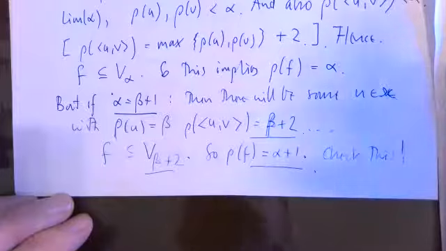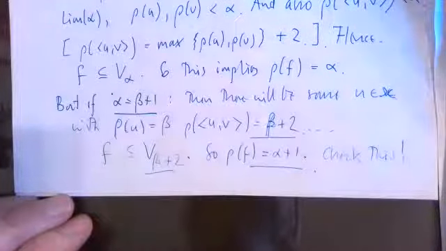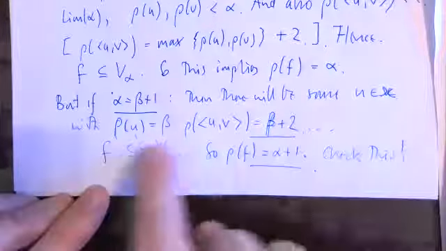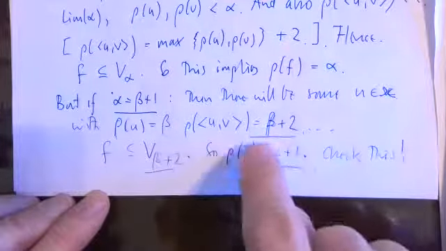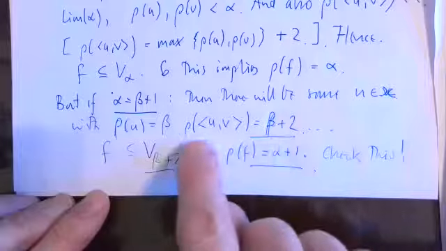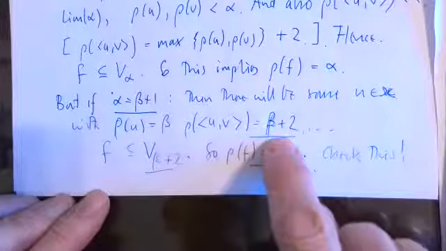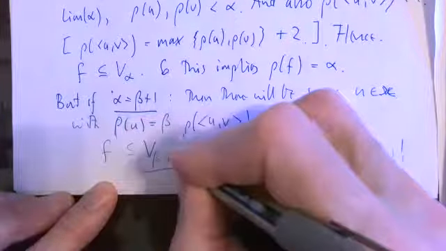Somebody sent through a question. Yes, so what have I got? The rank of UV here is beta plus 2, so f here should be a subset of V beta plus 3.